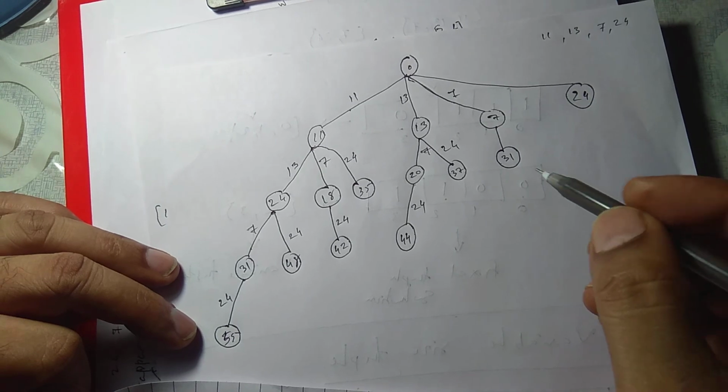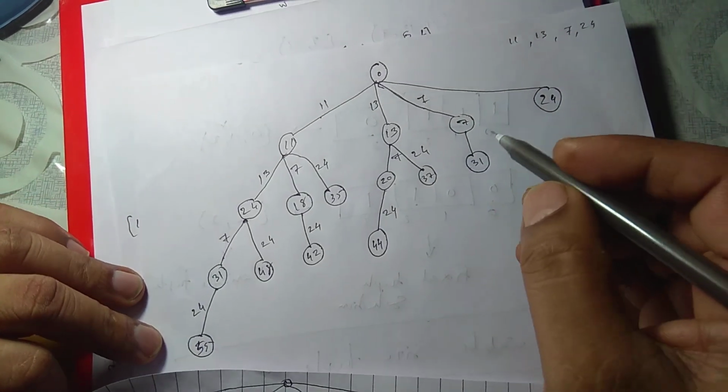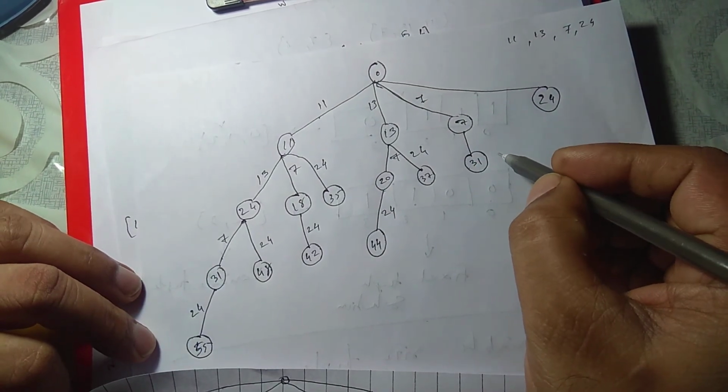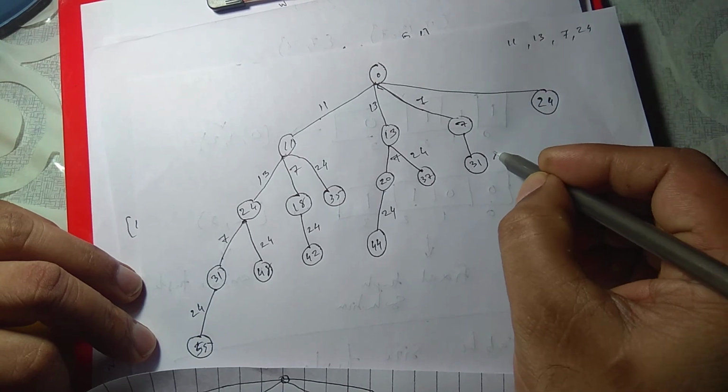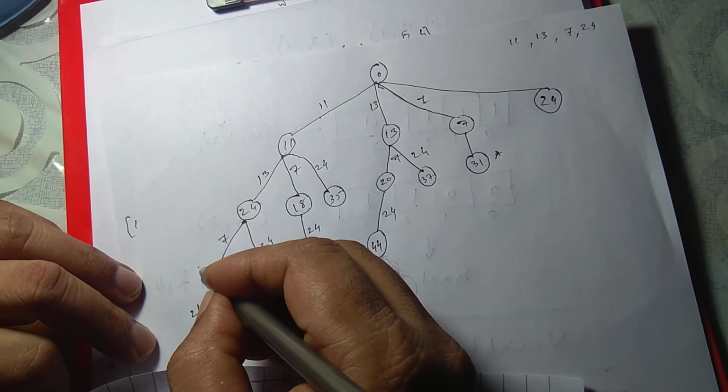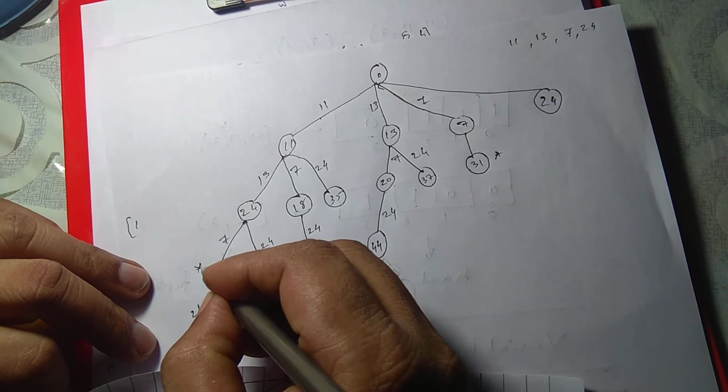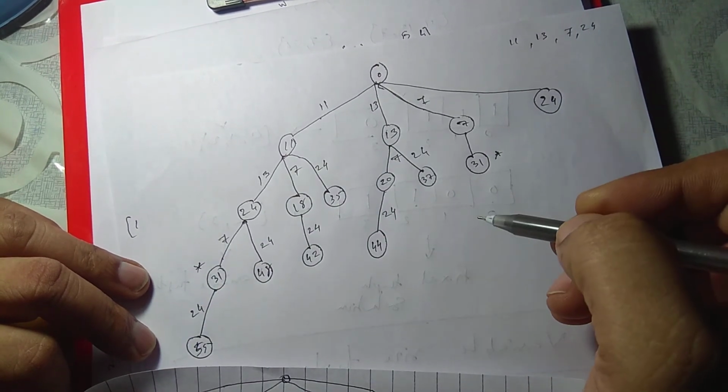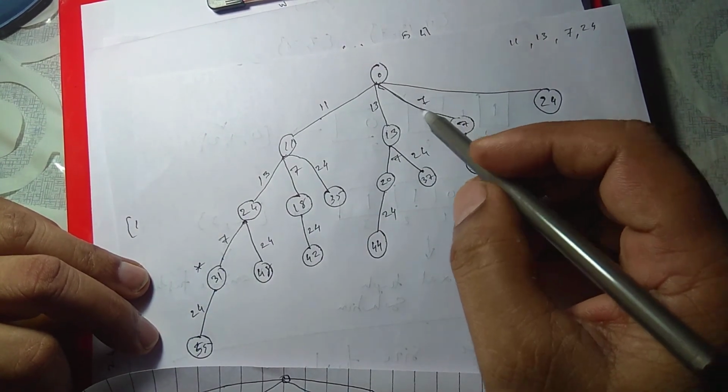We can see this node gives a sum 31, and this node gives a sum 31.